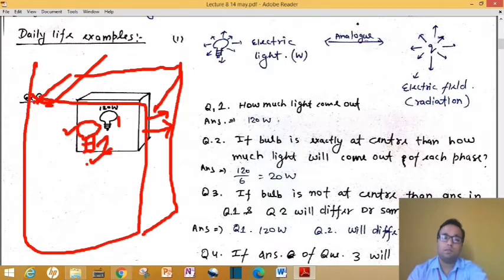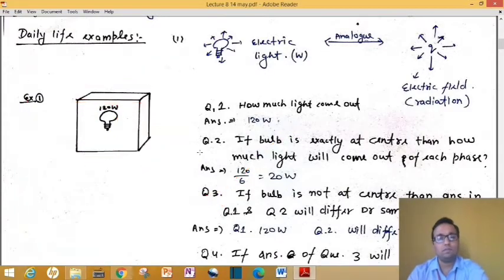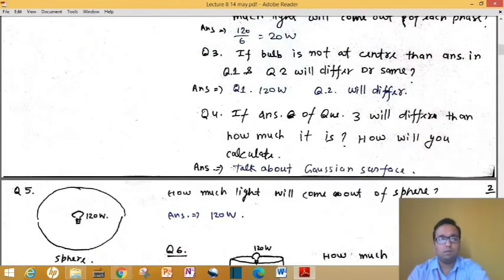The position of the bulb is fixed, we can't change it, but we can draw our imaginary cube once more in a different manner, such that your bulb lies at the center. This imaginary surface is actually called a Gaussian surface. We will learn about that later, but remember for now that this imaginary surface is called a Gaussian surface. Okay, now move to the next part.